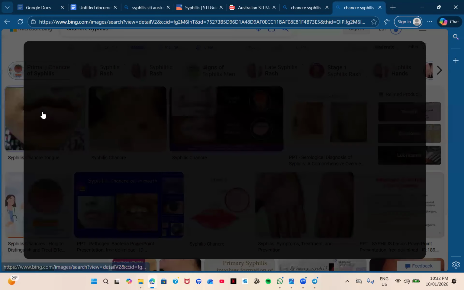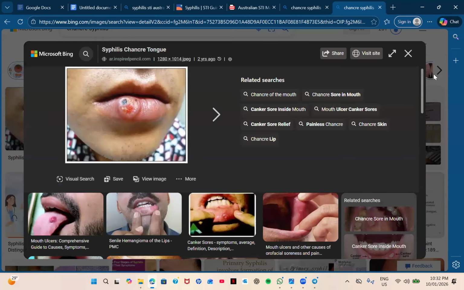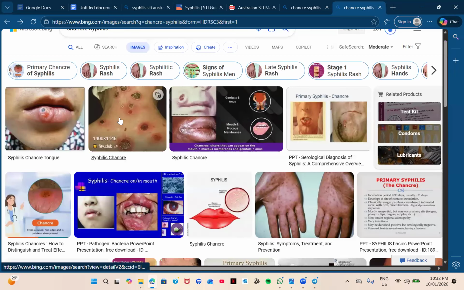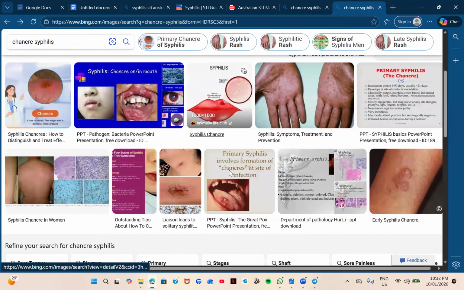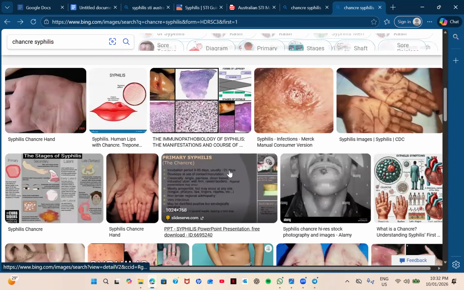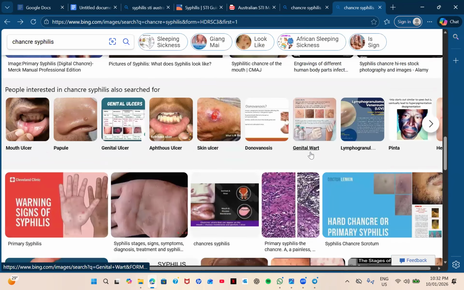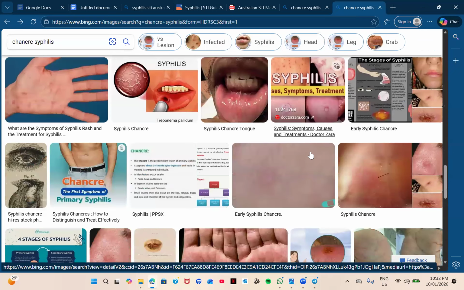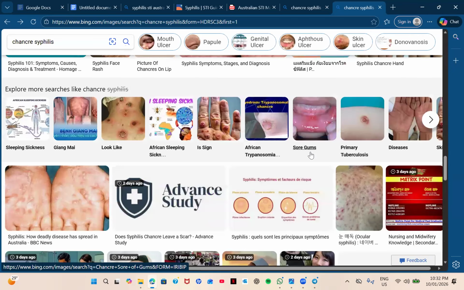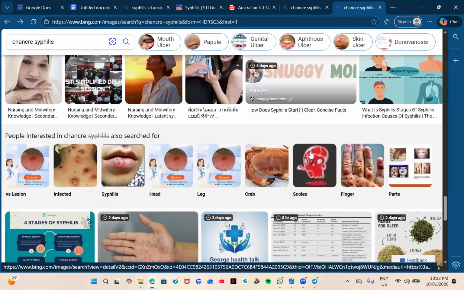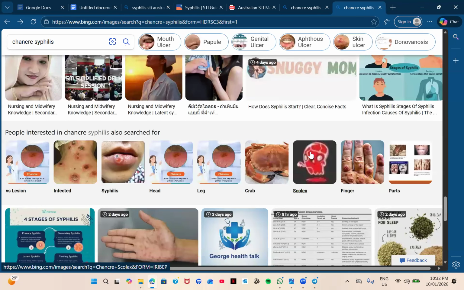Here, you can see here. The image has good pictures. I'm finding it, okay. Give me 1 minute.